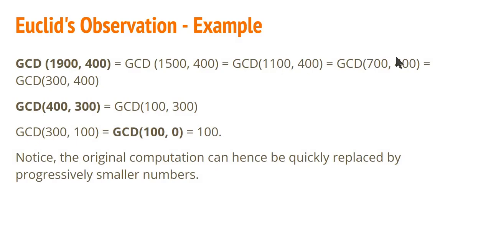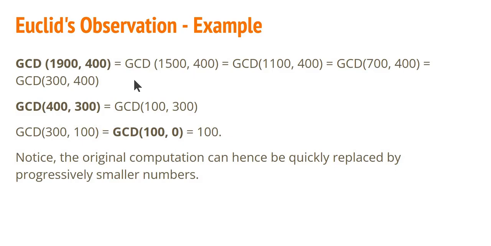That's equal to 700, 400, and that's equal to 300 and 400. Notice this is the first time where the 300 has become smaller than 400. Basically, whatever came from 1900 has become now smaller. If you think about it, I could have come directly from here to here. I didn't need to go through all these steps. So you can already see that the number of computations is being reduced dramatically.